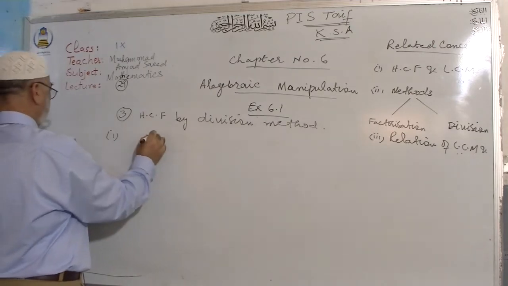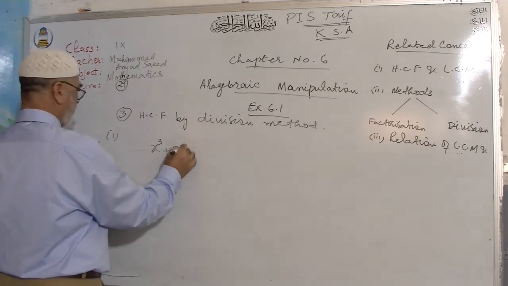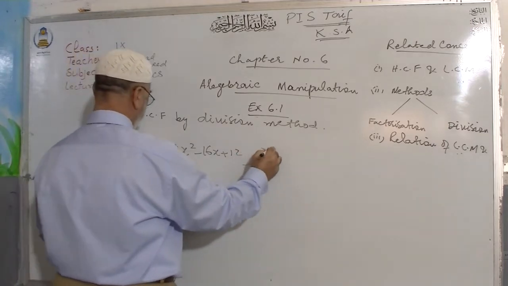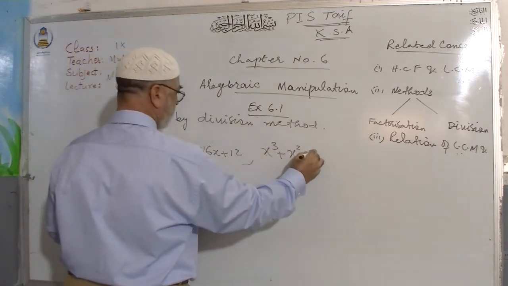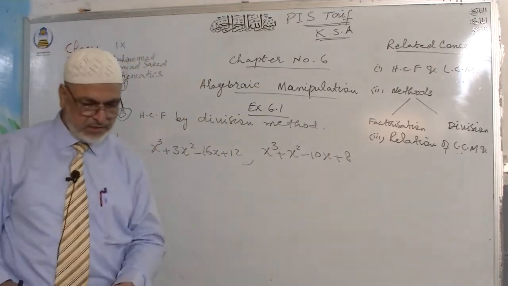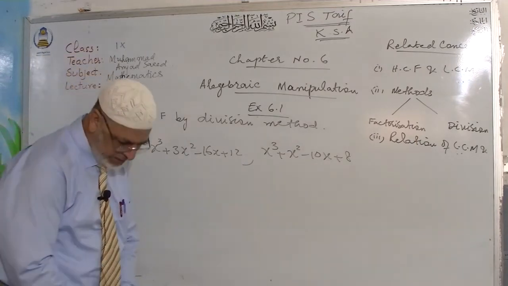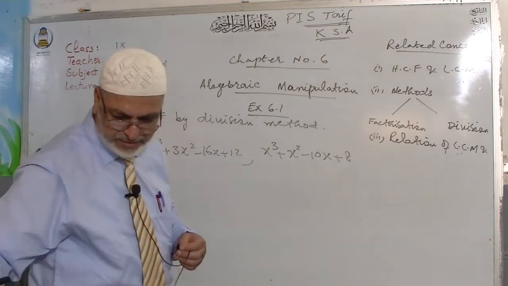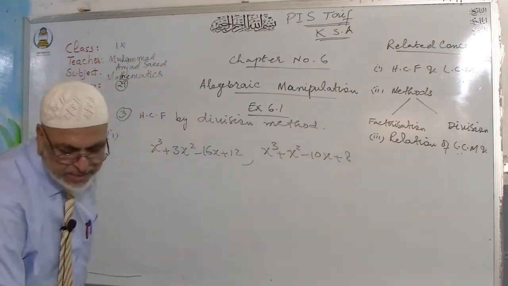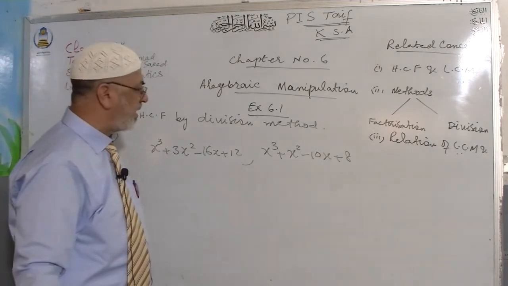Number 1 is x cube plus 3x square minus 16x plus 12, and x cube plus x square minus 10x plus 8. Dear students, very carefully look at this question. You have to find HCF by division method.